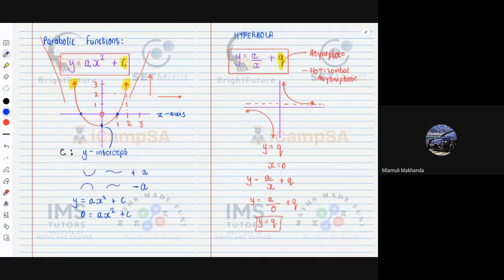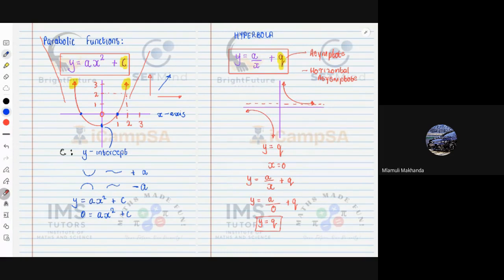Okay. So remember, I said something about the functions being continuous. That is very important, as you would see right now, when we are dealing with the range of the parabolic functions and the hyperbolic functions. Okay, let's start with the domain. We said the domain, we are dealing with what? We are dealing with the X values. And I've mentioned that even though this parabolic function is facing up, the X values keep on increasing, keep on getting bigger and bigger when we're going in that direction.